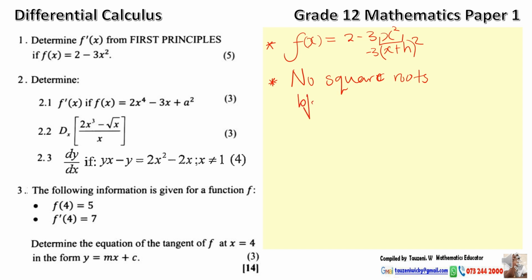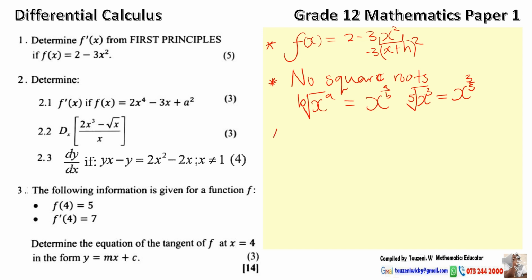So b root x to the power of a is equal to x to the power of a over b. So if I get, for example, the 5th root of x to the power of 3, then I can express this as x to the power of 3 over 5. This is done to be sure which one is the coefficient and which one is the exponent.